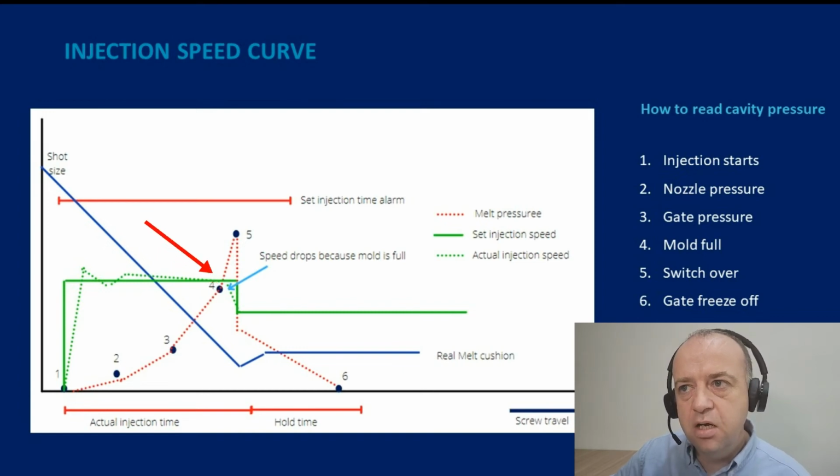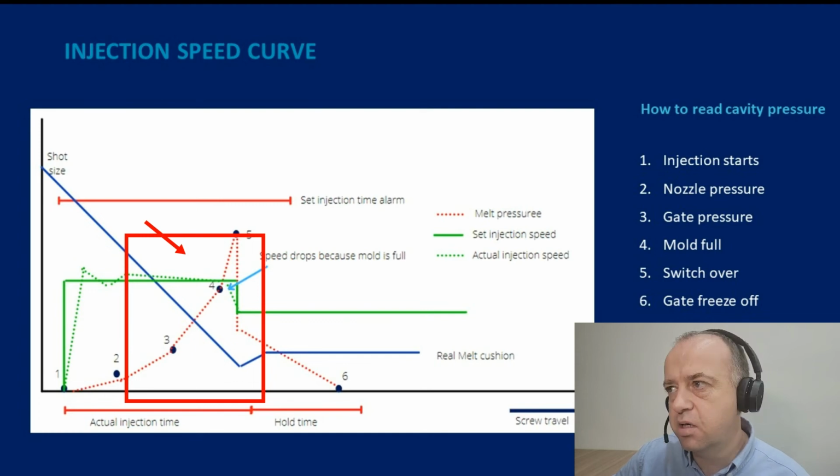So again, if you zoom in and take a close look at that area, as the part is full or almost full, you may see a reduction in the speed of the actual injection screw moving forward.